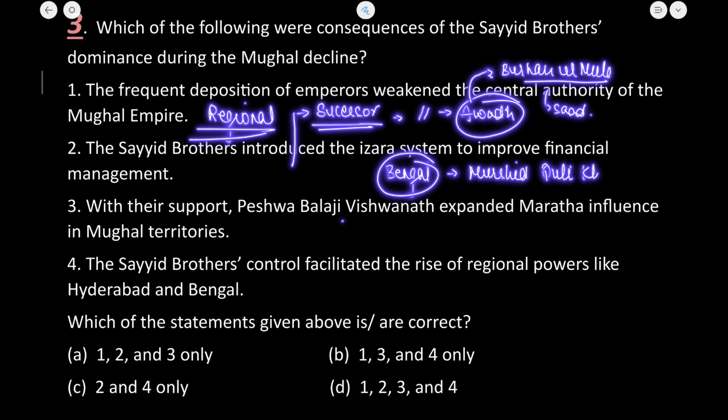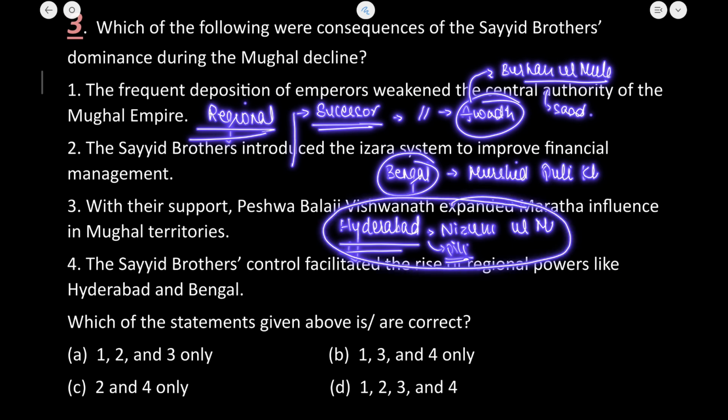And then the state of Hyderabad. The state of Hyderabad was made by Nizamul Mulk, whose other name was Kilij Khan. Now this conspiracy led to the fragmentation of the states.